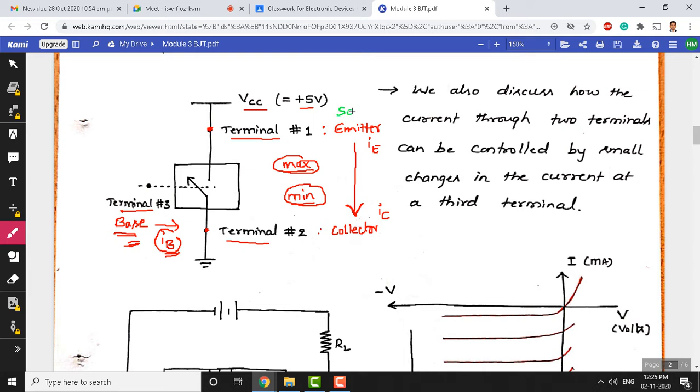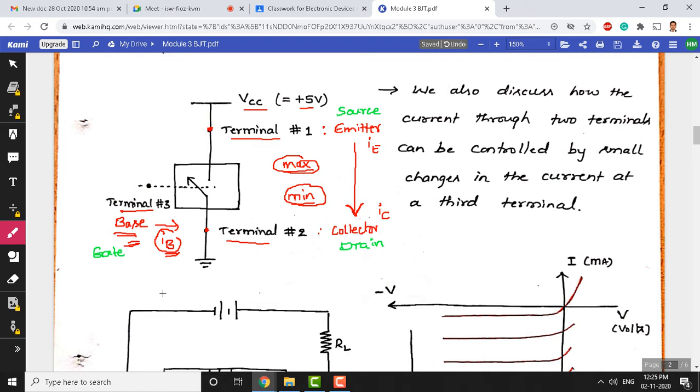So, this is source. What about collector? It is a drain. That is right. This is analogous to drain, and the base is analogous to gate. So the concept remains the same. But in case of FET, it is a voltage controlled device, whereas BJT is a current controlled device.